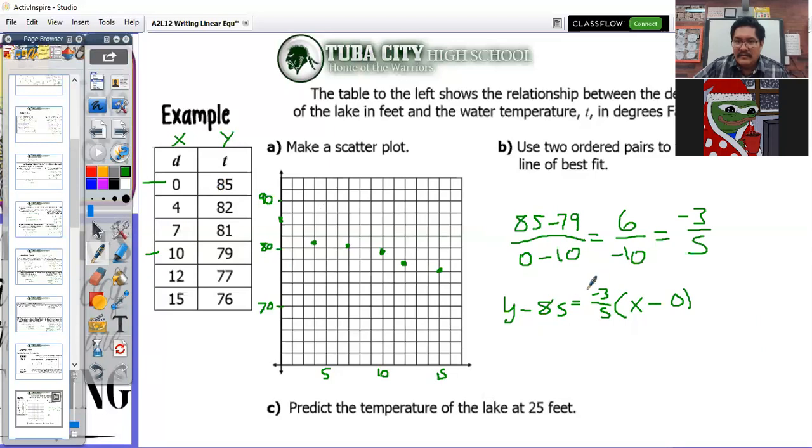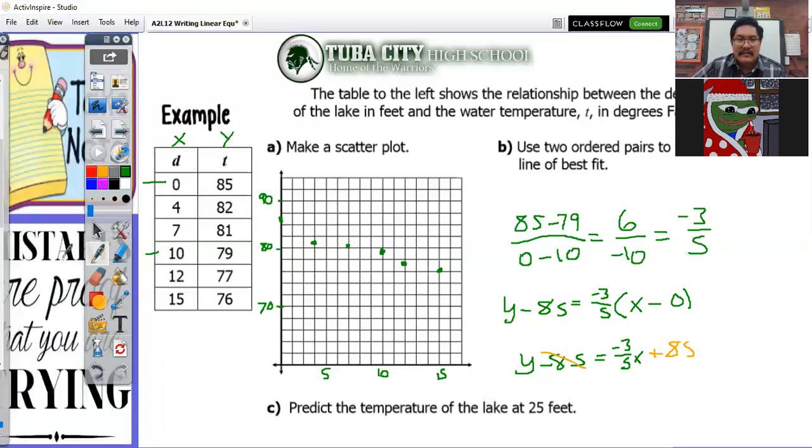And I'm going to go ahead and distribute: y minus 85 equals negative 3/5 x. And anything times 0 is going to be 0, so that's why there's nothing here. And I'm going to add 85 to both sides, which actually completes my equation. I now have all the parts of the equation.